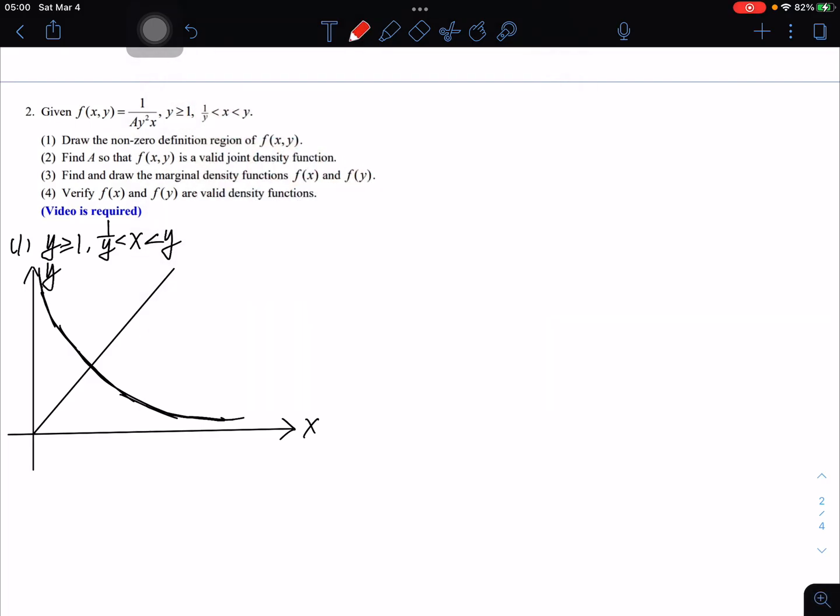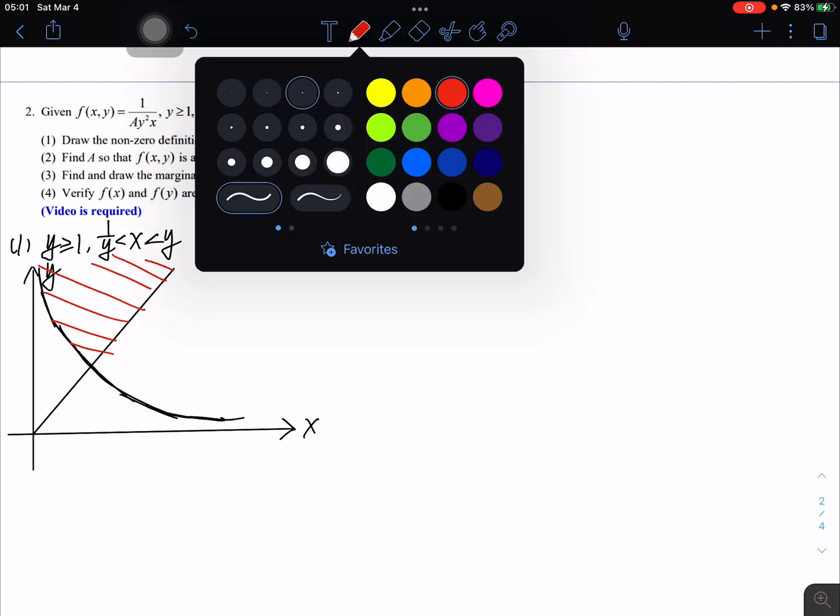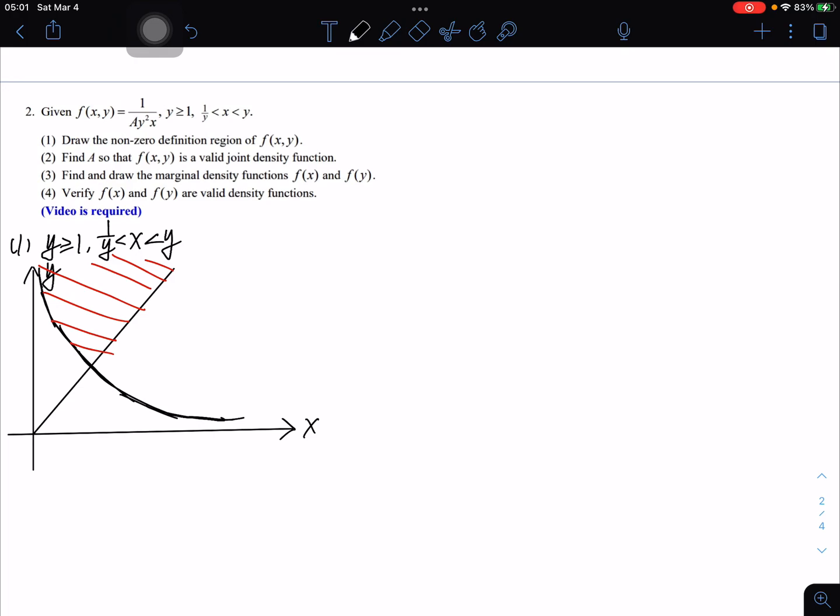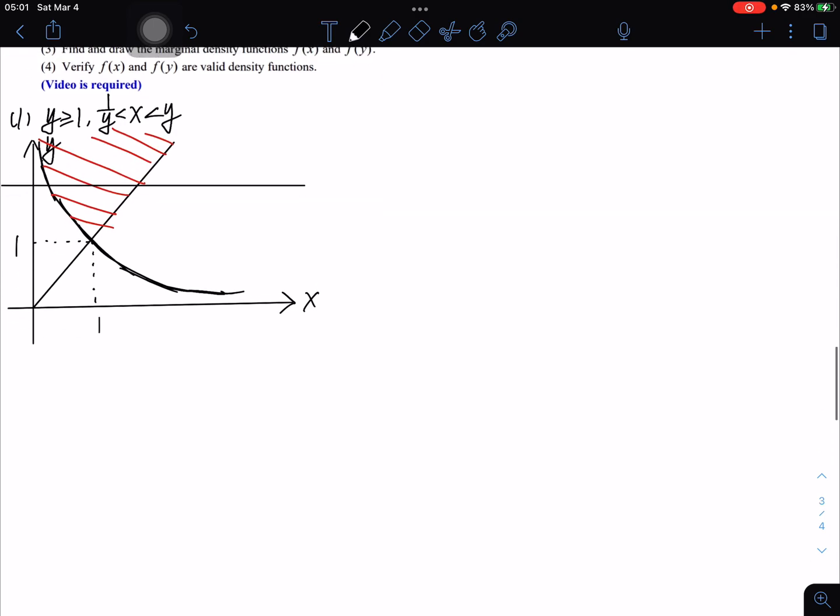Actually the region is this. What's more, we also need to notice that y is larger than 1, so we draw the line. This is 1, 1, this is y. Okay, so it's a region.